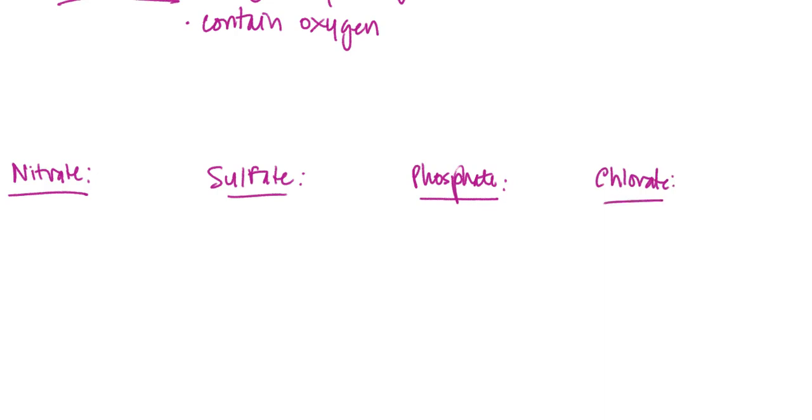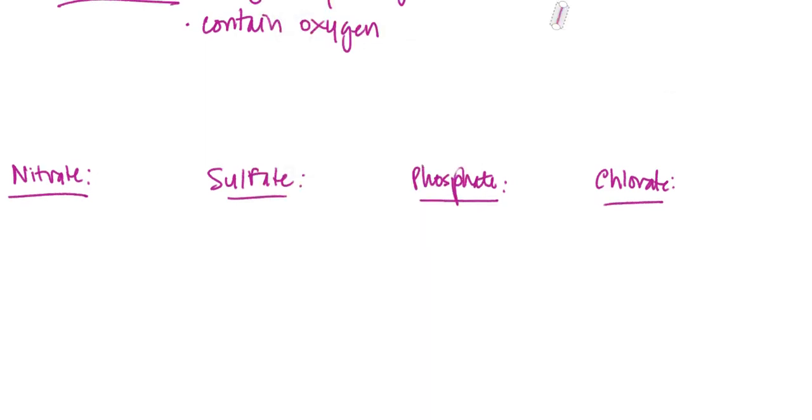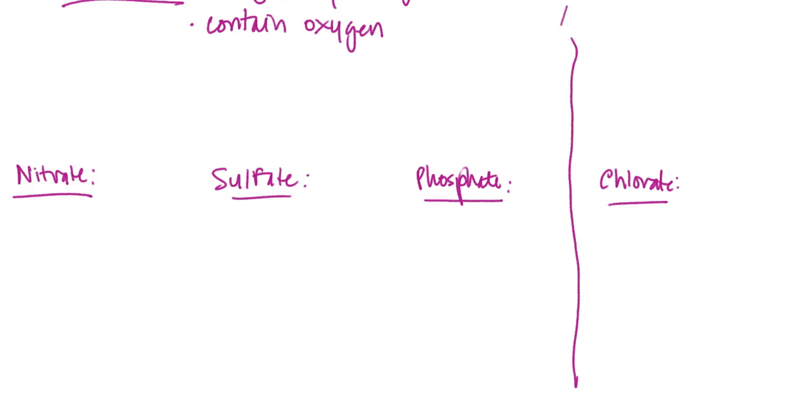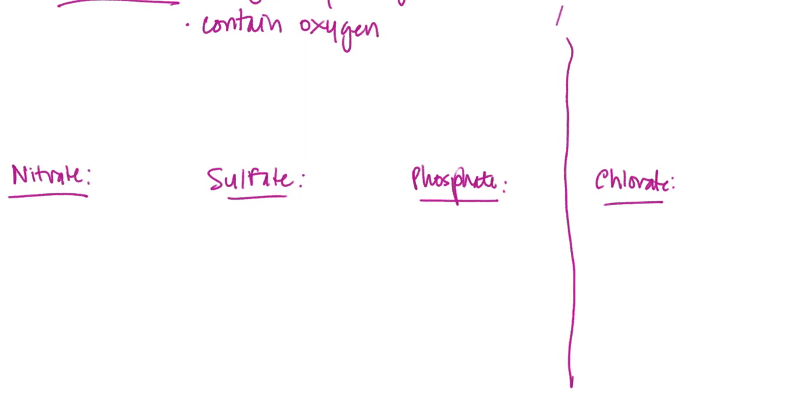Okay, now I'm actually going to draw a vertical line. Okay, and we'll consider chlorate a little bit later in the tutorial, but for now, let's work with the other three that I mentioned earlier.